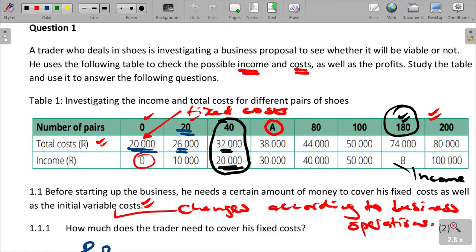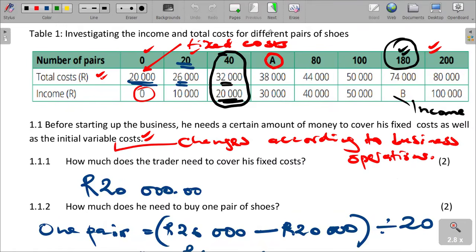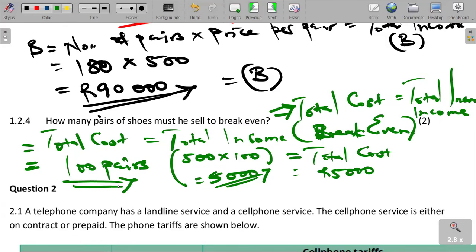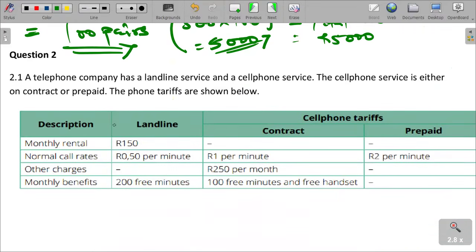And then obviously the total cost is also going to be 5,000. So at 100 pairs, that gives us the break-even point.